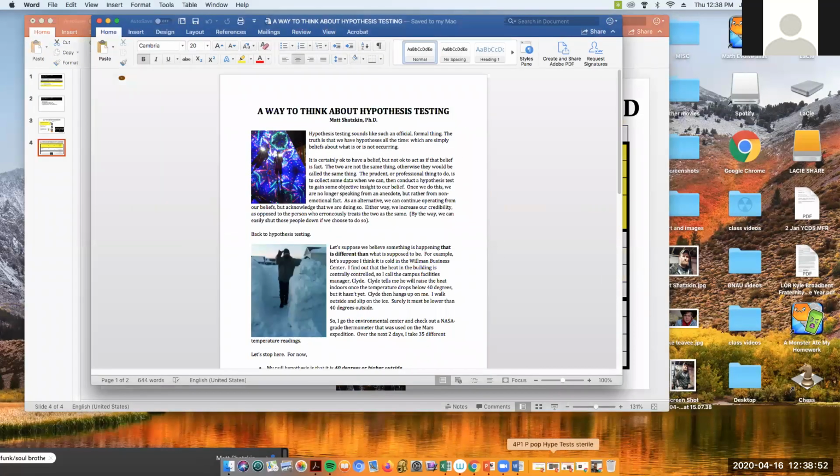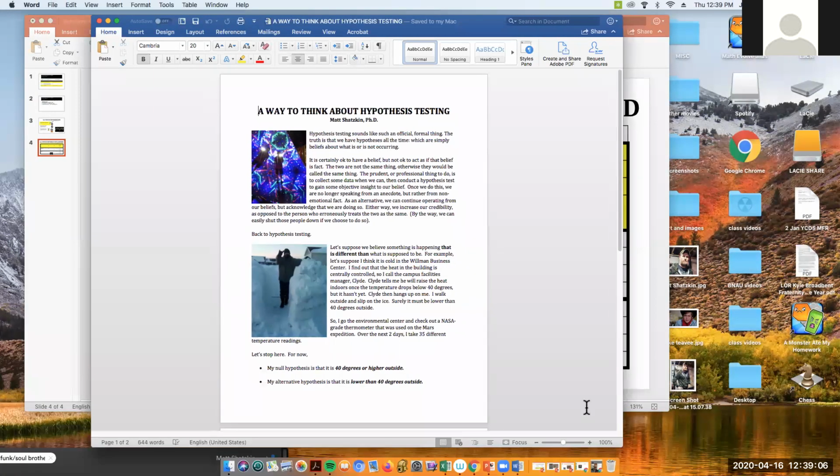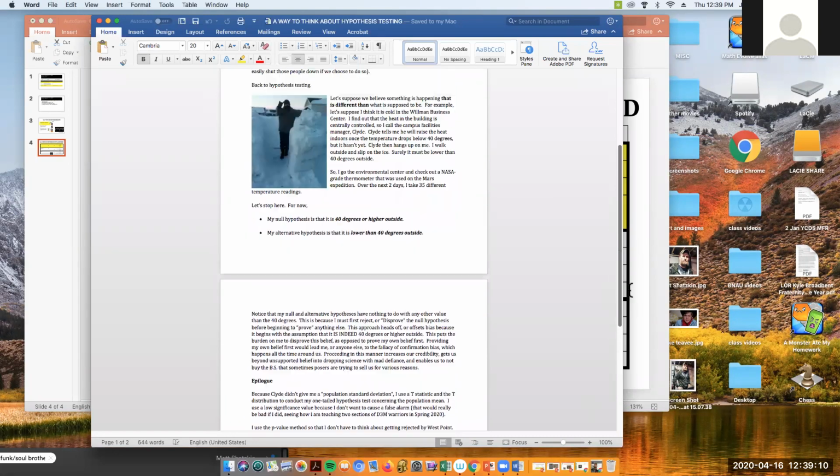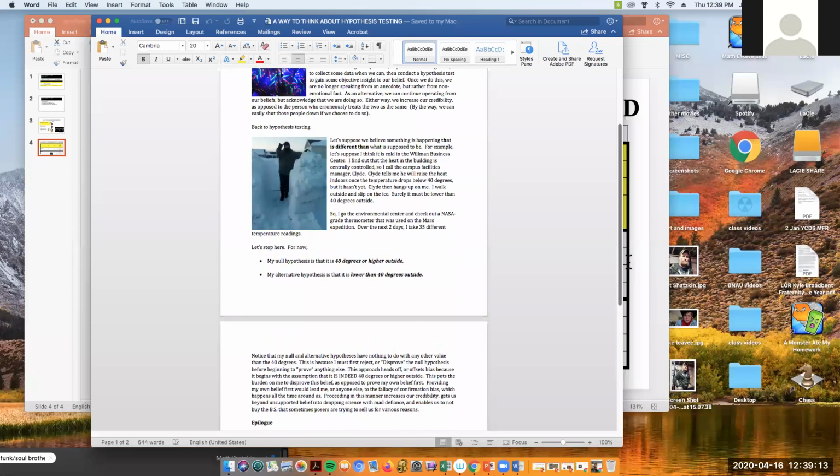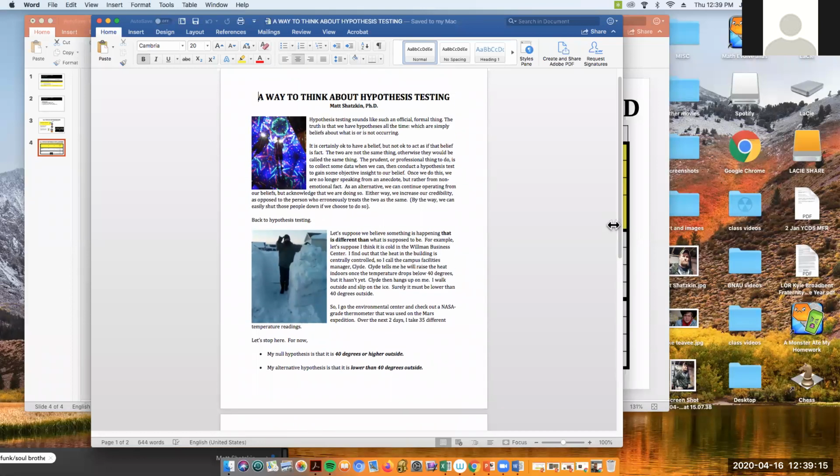A couple more things before we begin. First is this document here that's on your Canvas, both from Tuesday and today. I wrote this a while back, and this is just kind of a primer. It's like a page, barely 2 pages. It's just a way to think about hypothesis testing.